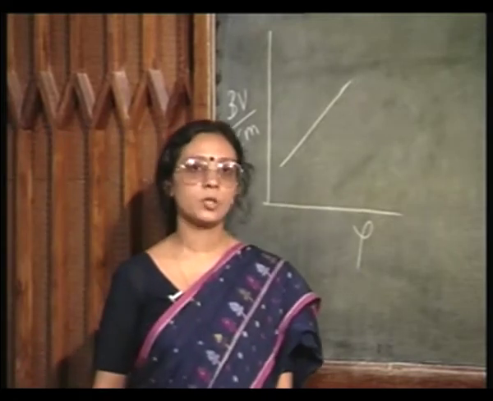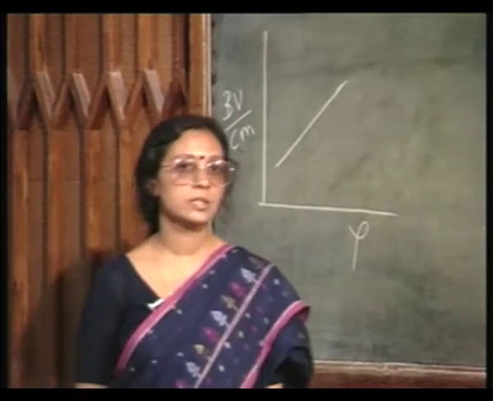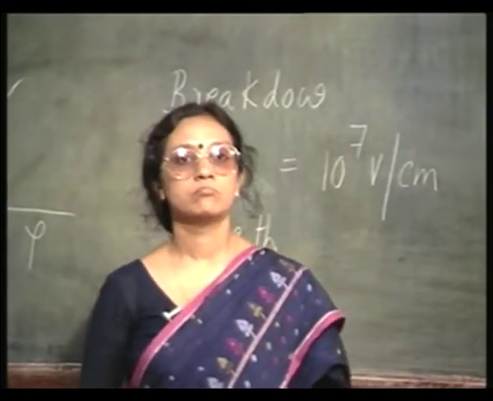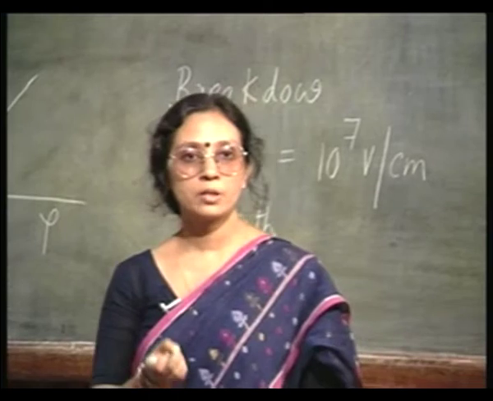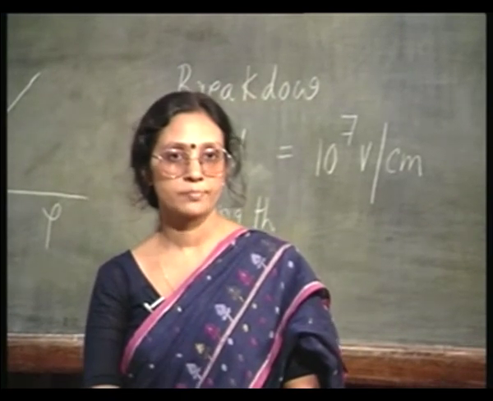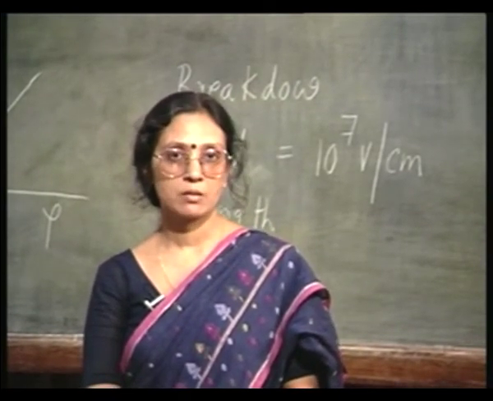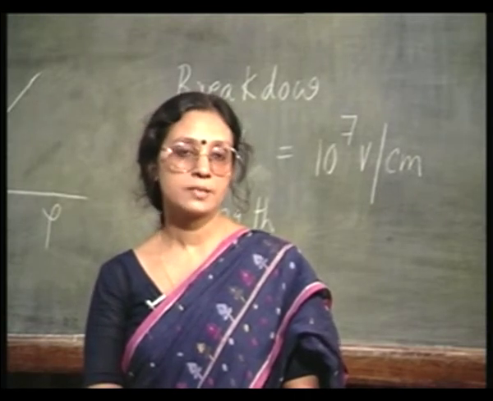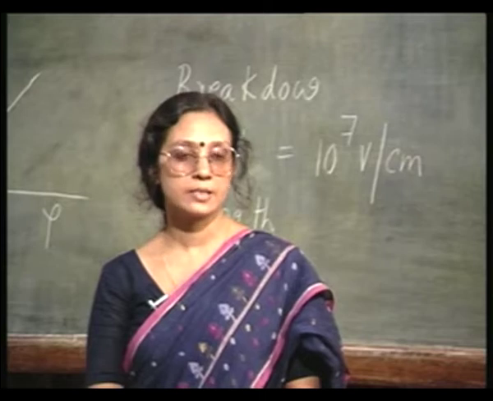There is another problem associated with oxidation, and these are called pinholes. Pinholes means there are microscopic holes in the oxide. For some reason, the oxidation has not taken place and there is a pinhole present.